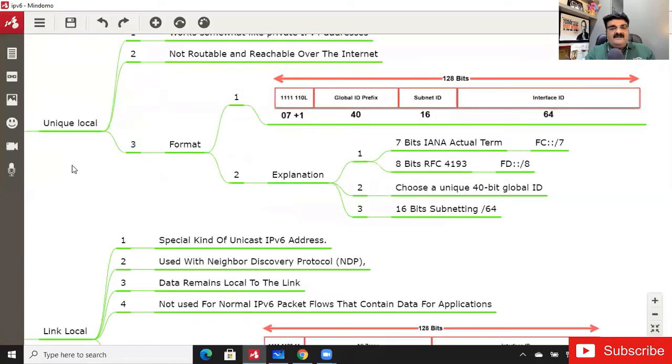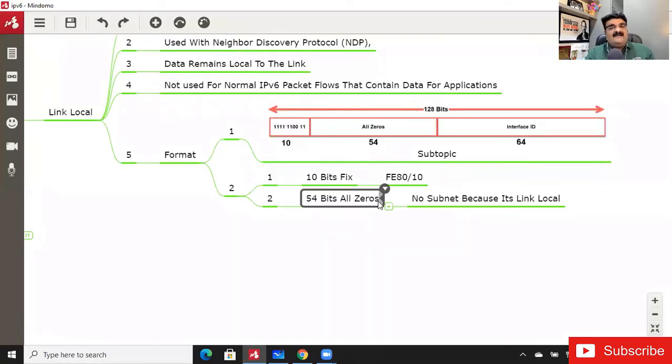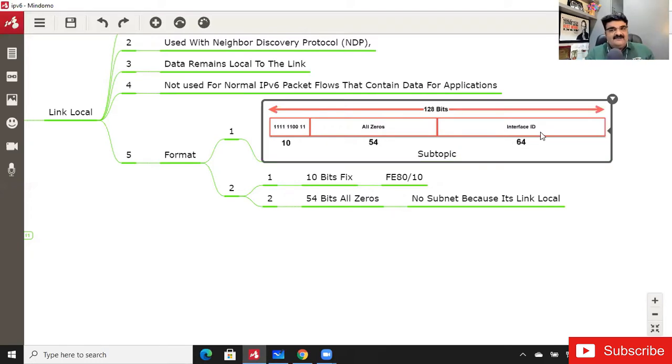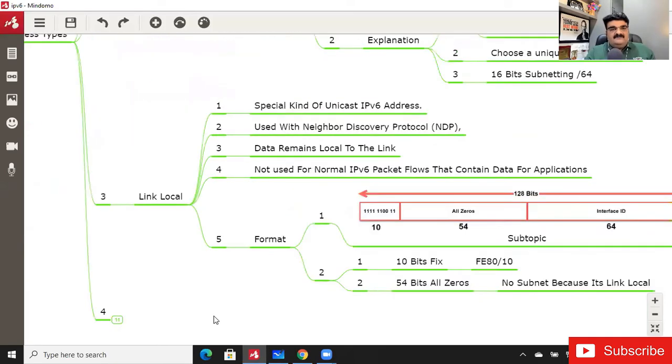But for link local, there is no subnetting, because it is local to the link only. So the 10 bits are fixed as FE80, and all remaining 54 bits are zeros in the link local address. We'll talk about the interface ID in today's session. We will finish it today, right? So this is the third address, called the link local address.